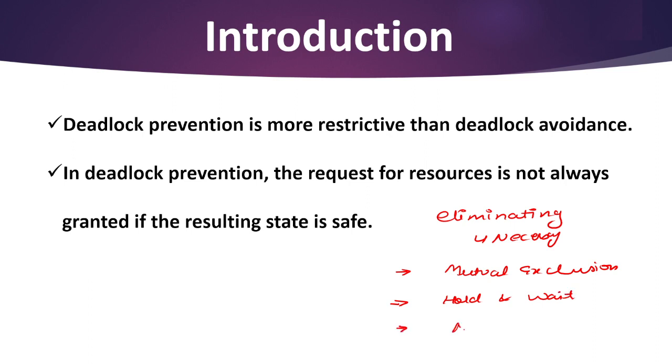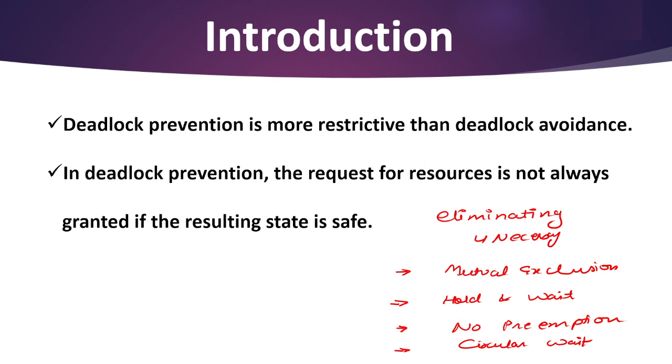Third important condition is no preemption. And fourth condition is circular wait. Okay, so these are the four necessary conditions of deadlock, and in case of deadlock prevention we can prevent deadlock by just eliminating any of the four conditions.